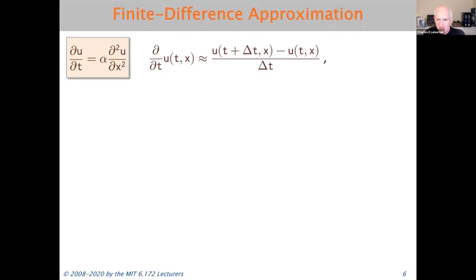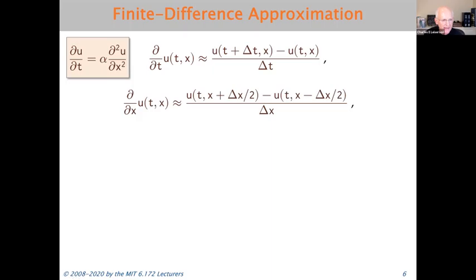Now we're going to approximate the right-hand side of the heat equation in 2 steps, because we have to compute the second derivative. So we want to first compute the first derivative and then compute the second derivative.